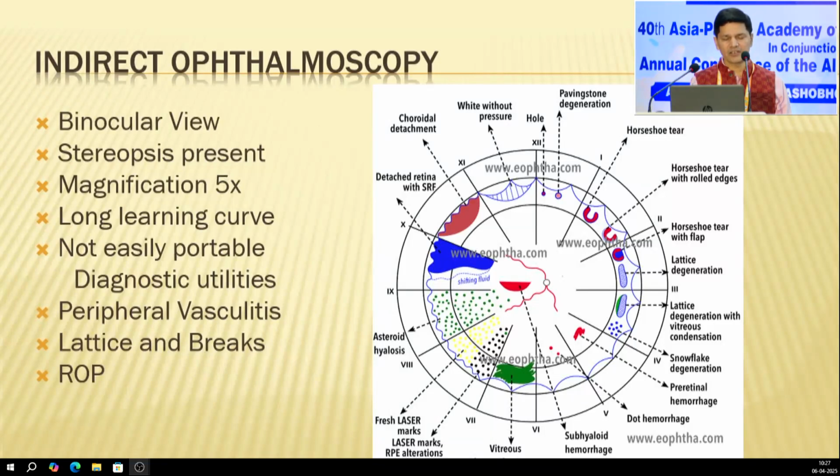Diagnostic utilities are peripheral vasculitis, lattice, breaks, ROP, etc. And while examining the retina with indirect ophthalmoscopy, you must know these coding colors for charting your findings.